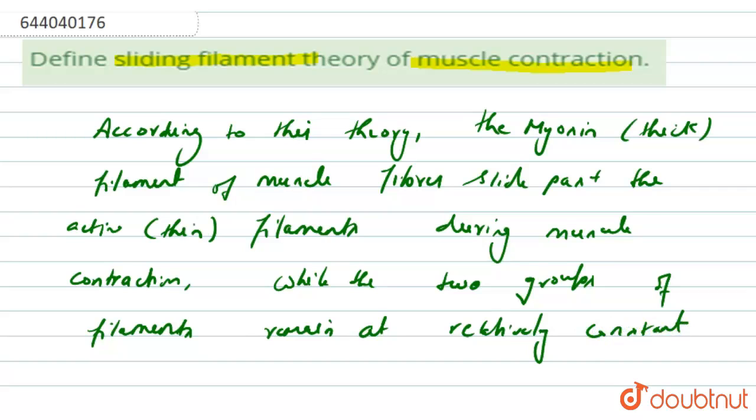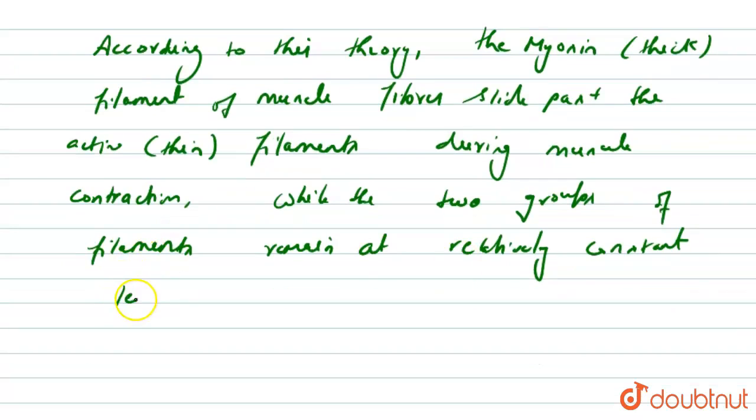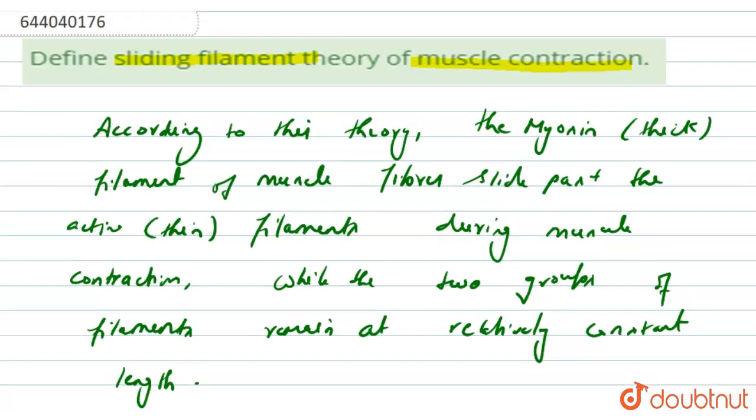This law was first introduced in the year 1954. So this is the sliding filament theory of muscle contraction.